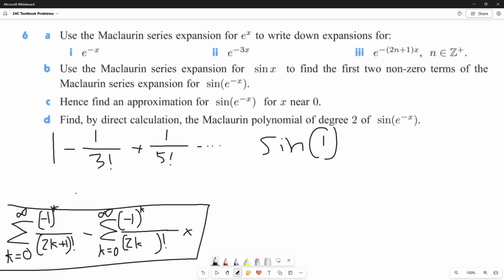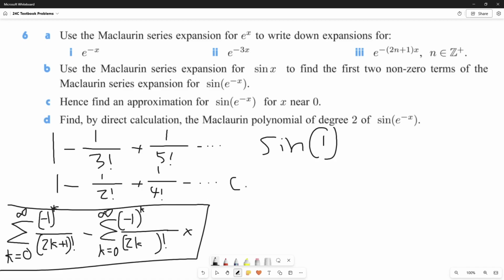And then now let's do the second one. So let's ignore this x for now. And then it's going to be 1 over (2 times 0) factorial. So 1 minus 1 over 2 factorial plus 1 over 4 factorial, and so on.